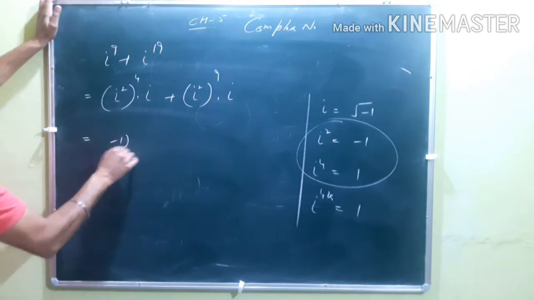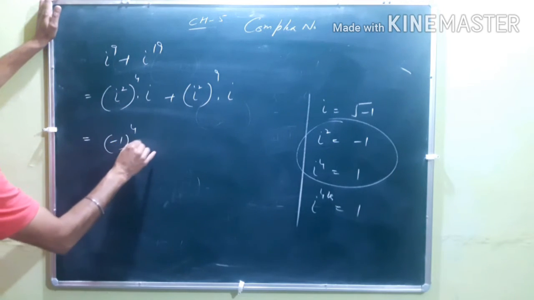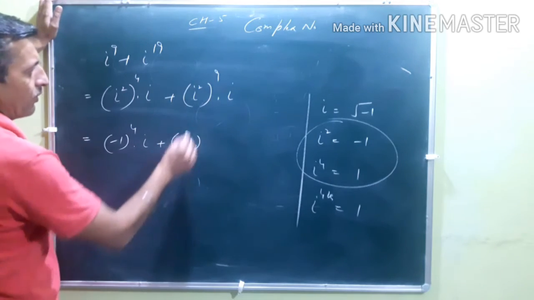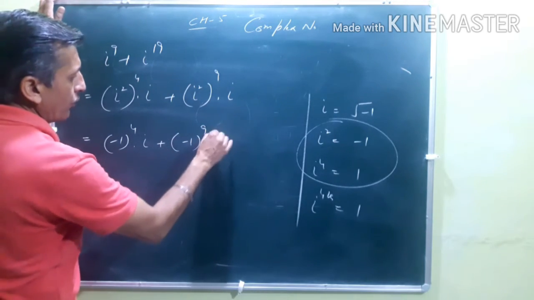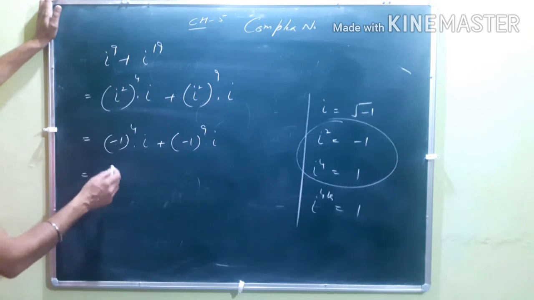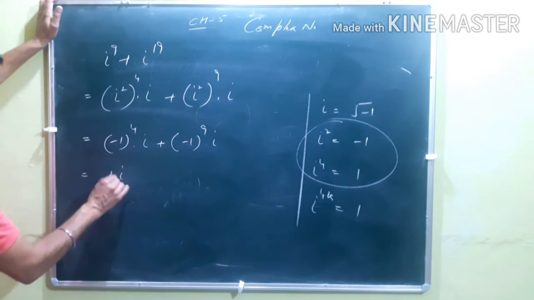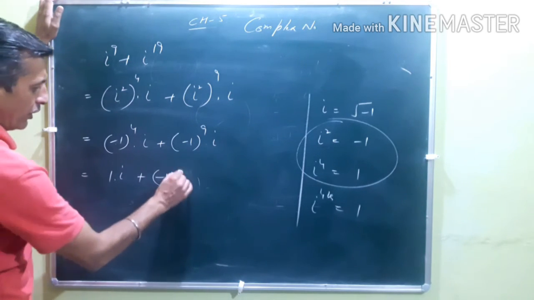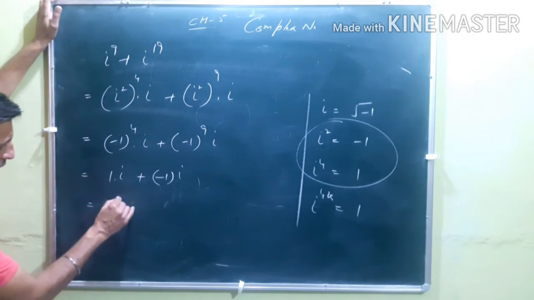Iota square is equal to minus 1. So minus 1 to power 4 into iota plus minus 1 raised to power 9 into iota. Minus 1 to power 4 is 1, so that is plus iota, plus minus 1 to power 9 which is minus 1 into iota. This is iota minus iota, which is equal to 0.